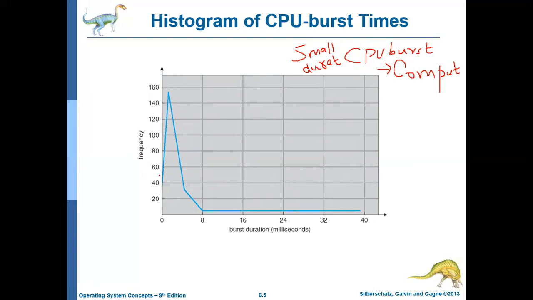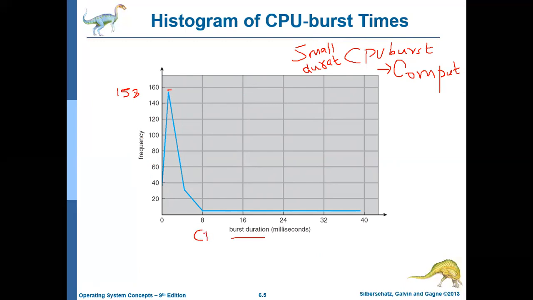Now you can see this diagram. Look at this peak point, somewhere around 158. The x-axis is the frequency, meaning how many times such a request comes, and the y-axis is the burst duration. It is the CPU burst, not the IO burst.